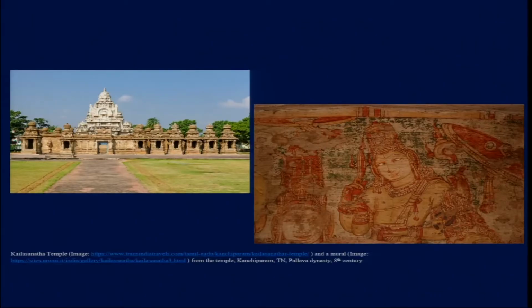In some of the cells, in the deeper recesses like the niches, we have sculpted images, and those sculpted images were also painted with lime plaster as well as with paint. All the images that we find here come from these recessed areas, and also from the interior of these temples.